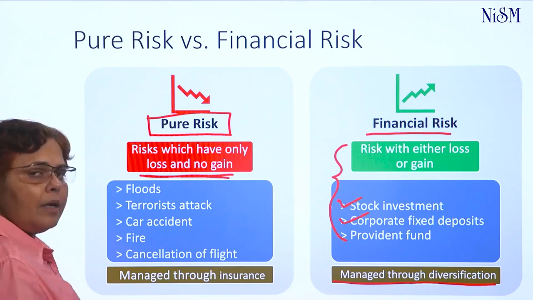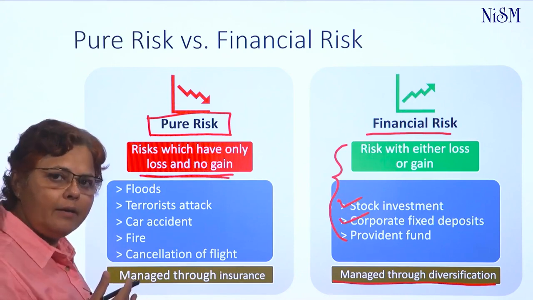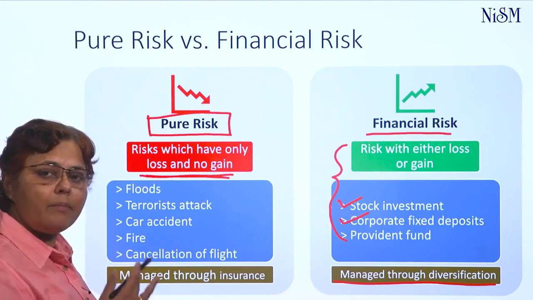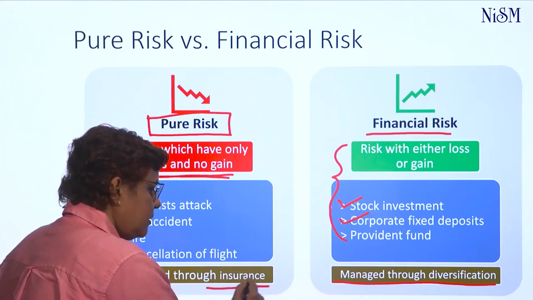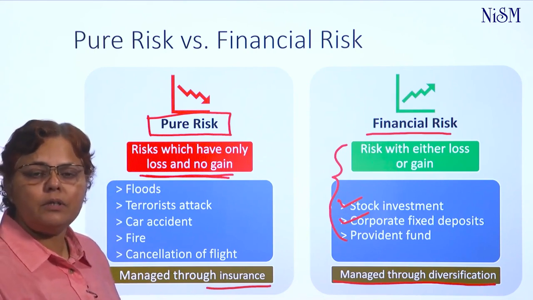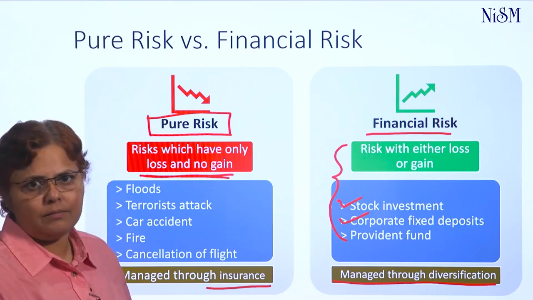How are they managed? Depending on the severity and the frequency, these risks are managed with insurance. When you travel abroad, you must have heard people take travel insurance or baggage insurance.